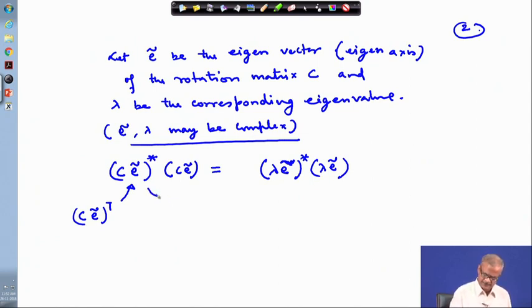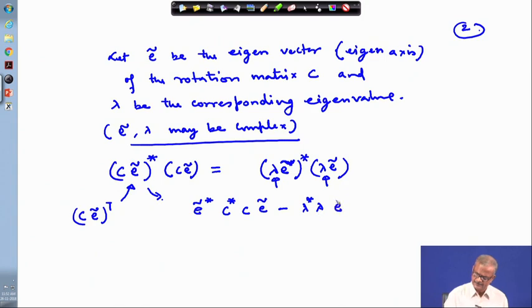So, this can be rearranged as, from this place, this is a scalar, it may be complex or it can be non complex. So, lambda star lambda times E tilde star E tilde.